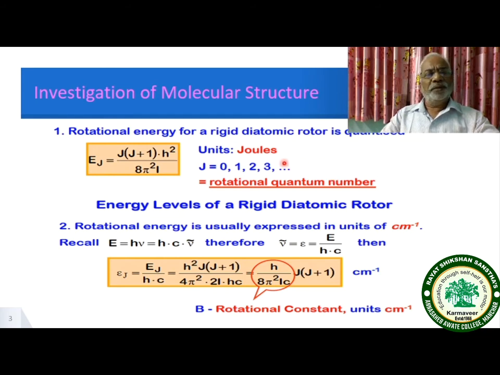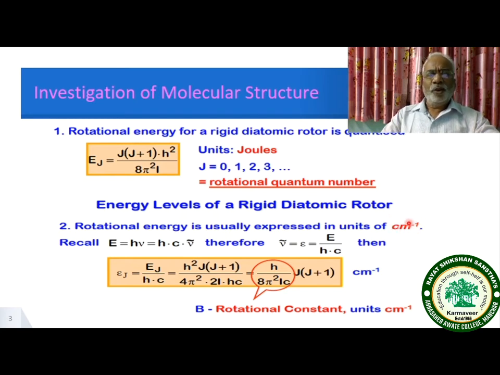Now, this particular energy value, E suffix J, itself indicates it is the rotational energy in joules. Whenever capital E is represented, then the energy is in joules or in an energy unit. But in spectroscopy, we do not use the energy values in energy units, but in terms of centimeter inverse.